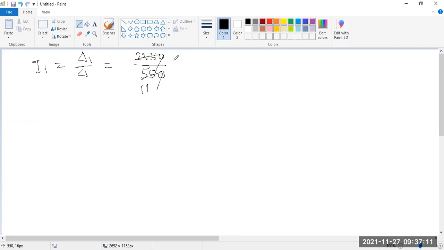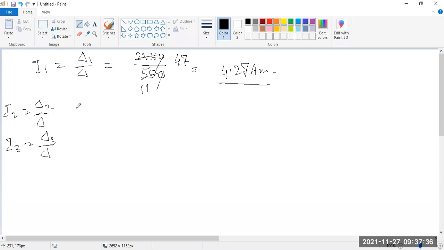It is 47 by 11. So it is coming, I mean, 4.27 ampere. Okay, this is I1. Just like I2 will be delta 2 by delta. I3 is delta 3 by delta. So delta is given, but we have derived.